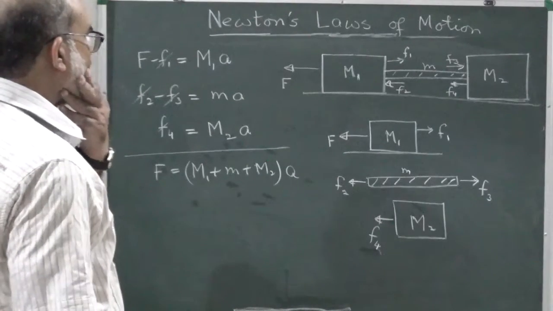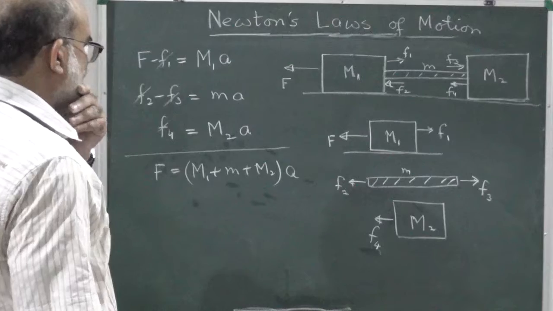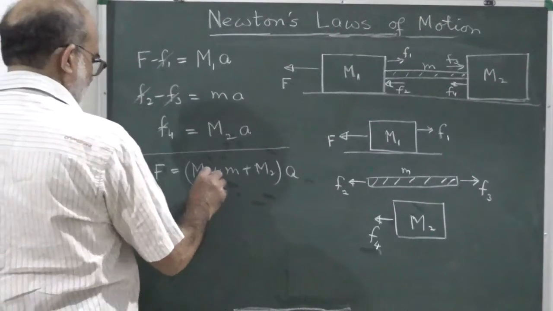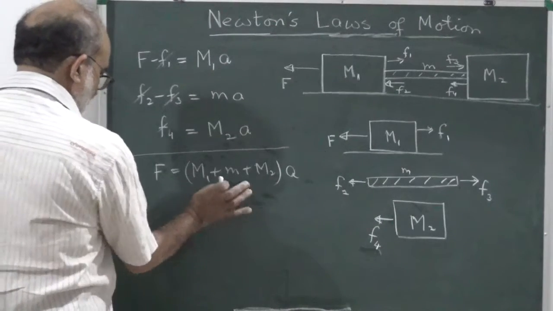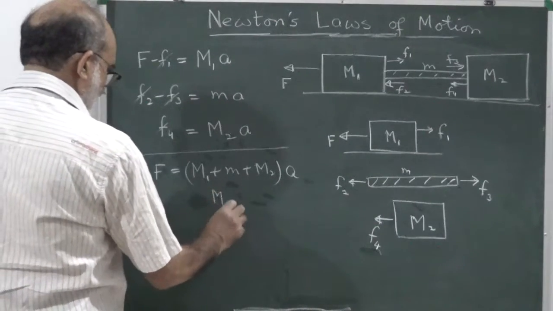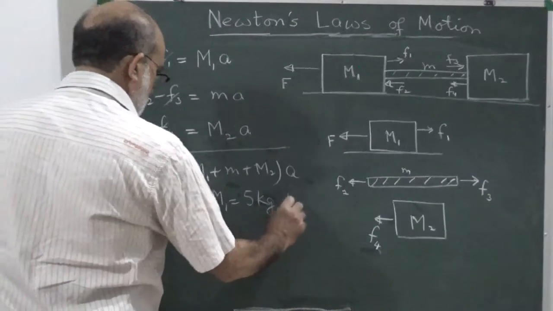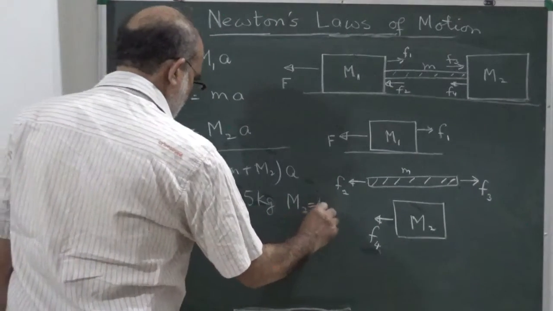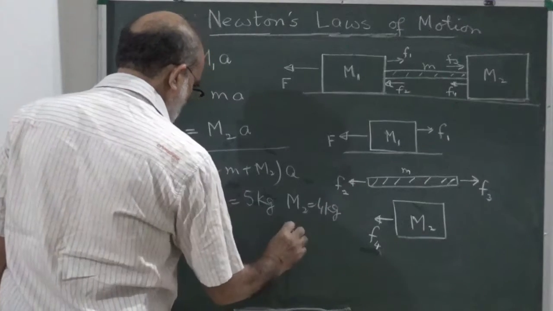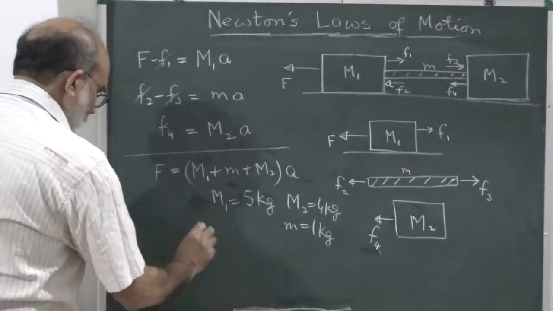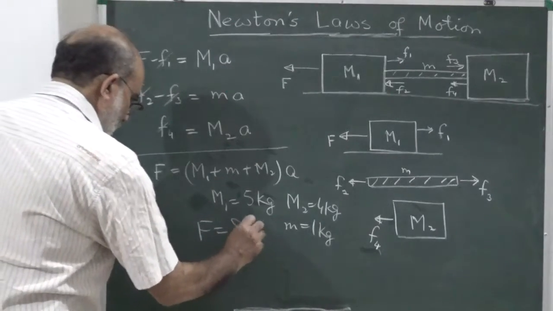Now suppose the masses of the blocks are: M1 is 5 kilogram, M2 is 4 kilogram, and the rope is of mass 1 kilogram. Let the applied force be 80 Newton.